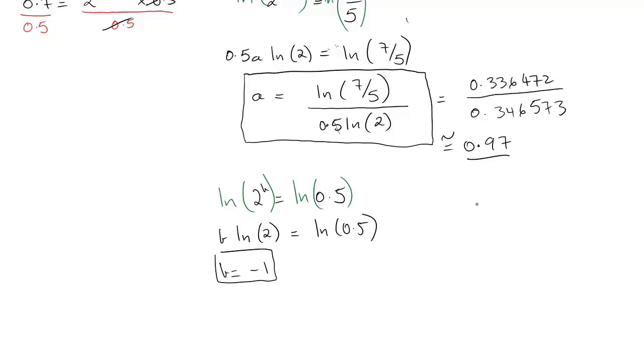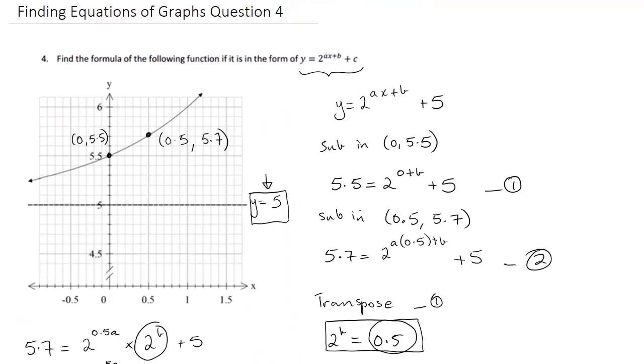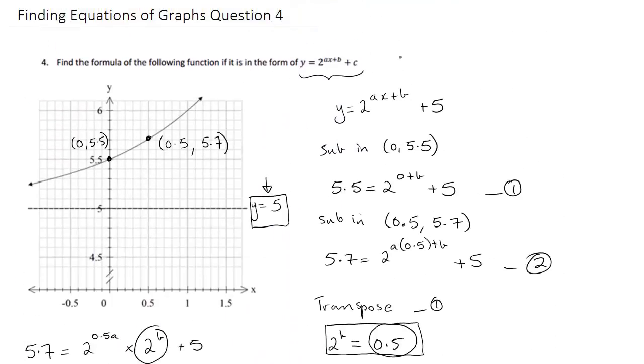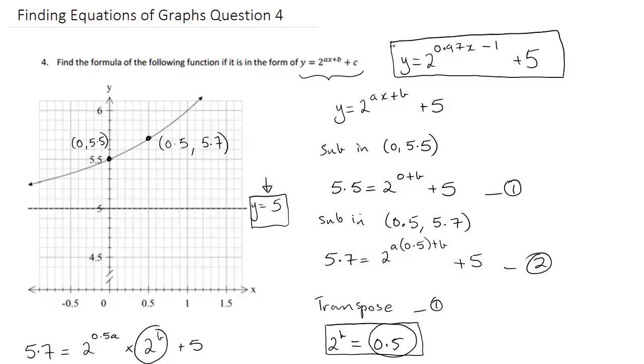Okay, so the answer for the actual equation is that y is equal to 2 to the power of 0.97x minus 1, plus 5. So that's the equation of our exponential there.